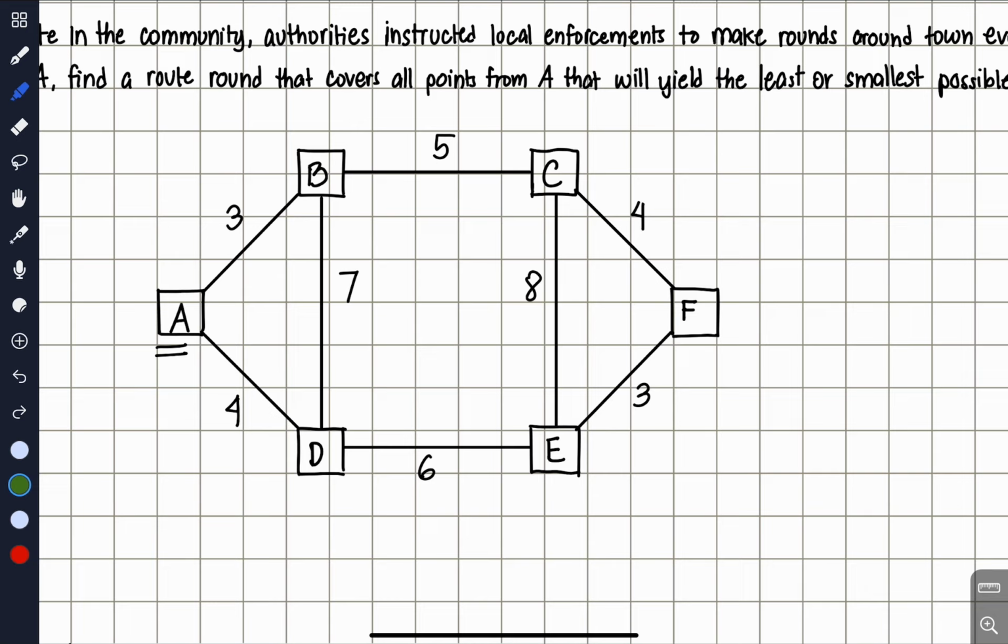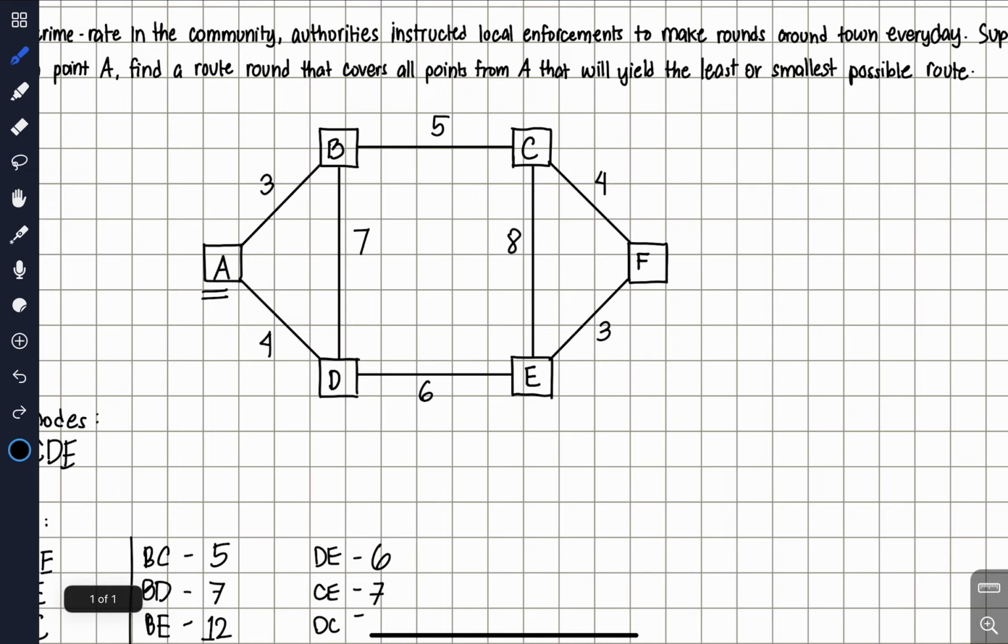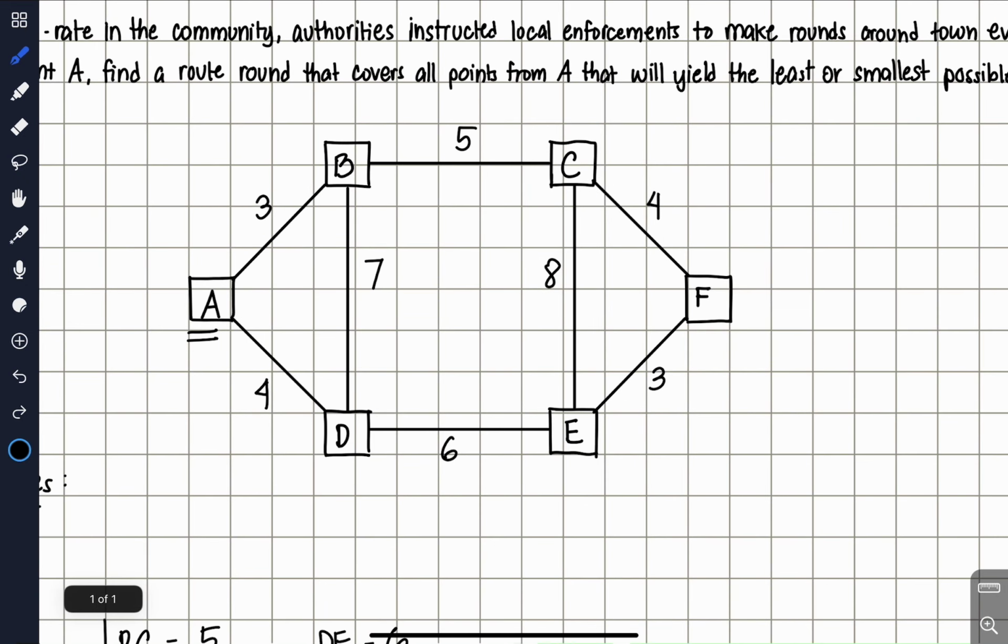From D to B to C is 12. 12 can be the value, but let's still check for others. So from D to A to B to C is also 12. So it's the same one.